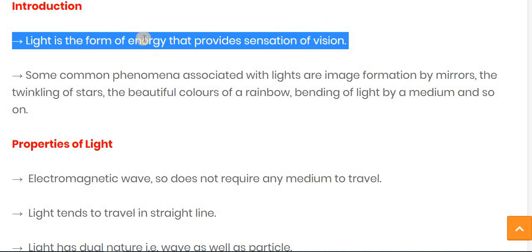So light is a form of energy that provides the sensation in our eyes, due to which we are able to see the surrounding things.